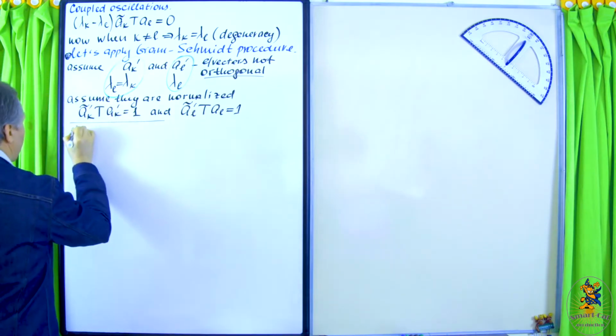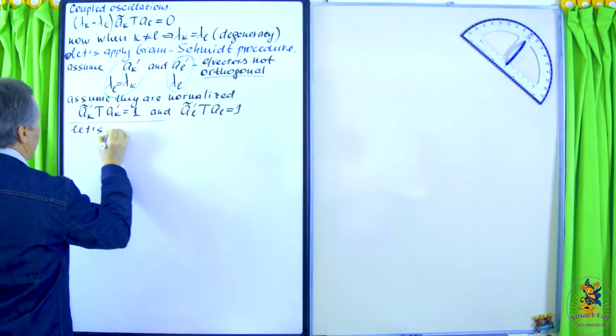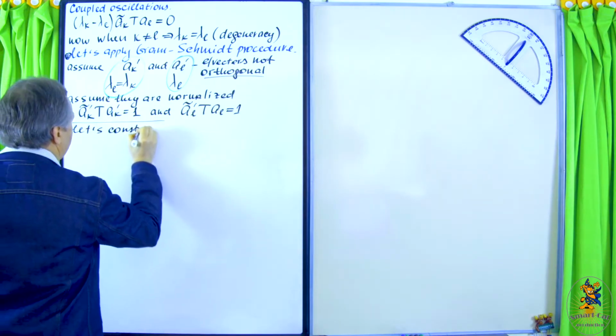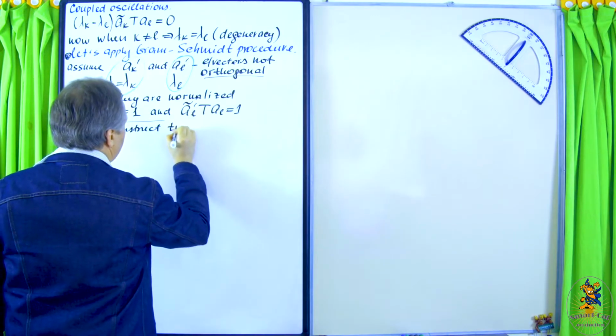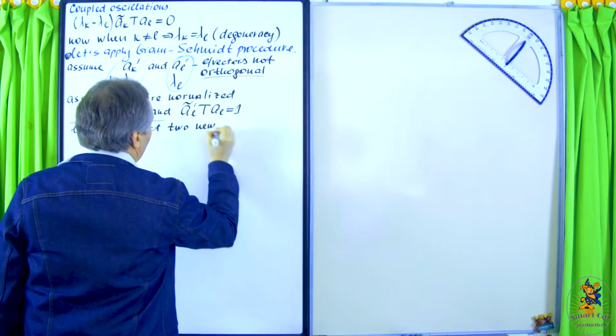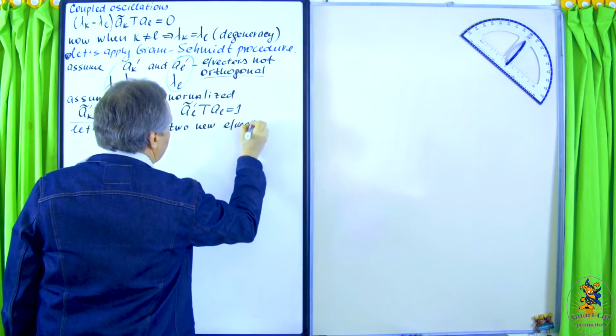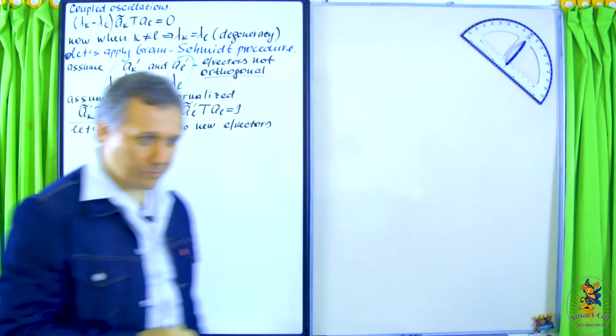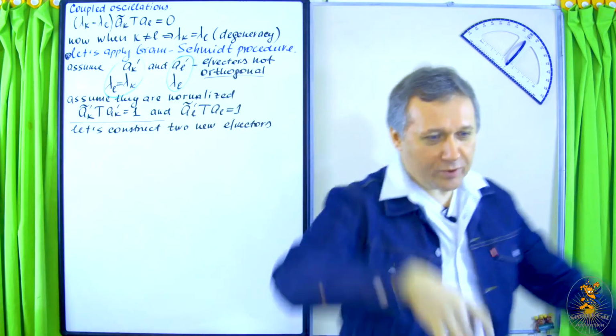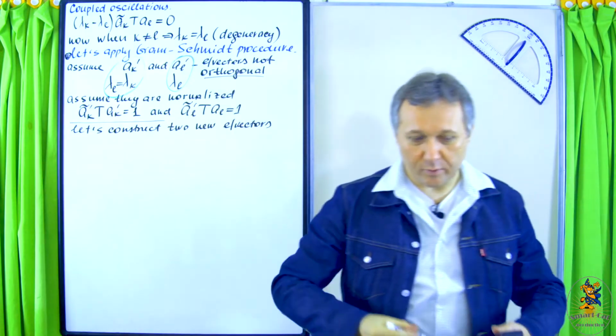So now let me write. Let's construct two new vectors, eigenvectors. I should emphasize, eigenvectors. So new vectors cannot be just any arbitrary vectors orthogonal to each other.